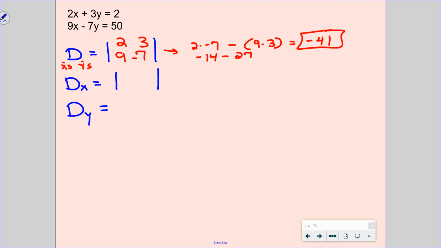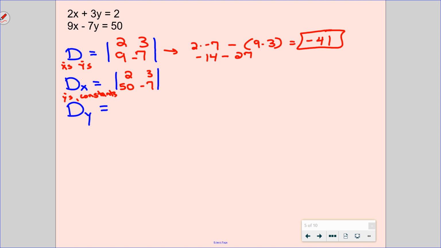Now we need to do the same thing with our determinant with respect to x. When we have our determinant with respect to x, the only numbers we're putting in here are the y's and the constants that we have. So the y's have to go in the exact same spot that they normally would. So we have a 3 and a -7. But in place of the x's, we are putting the two constants from the first equation and the second equation.